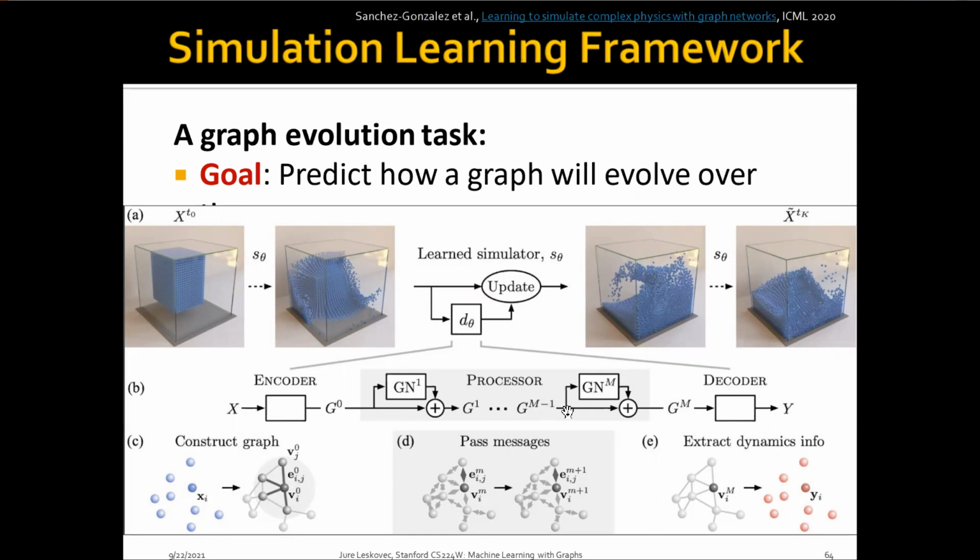And then they train a model to predict how the positions of these nodes will change, right? So this will be affected by these nearby nodes, and will also be affected by the properties of these nodes. And then they move each of the nodes to a new position.